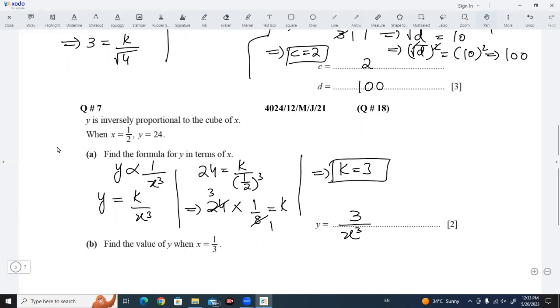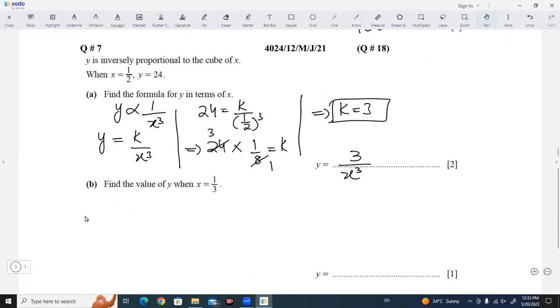We have to move towards part B. Finding the value of y when x was 1 over 3. So y equals to 3 over 1 by 3's complete cube. So 1 cube is 1 and 3 cube is 27.